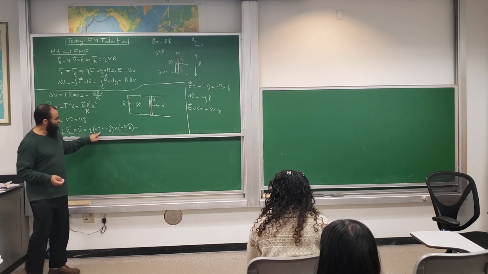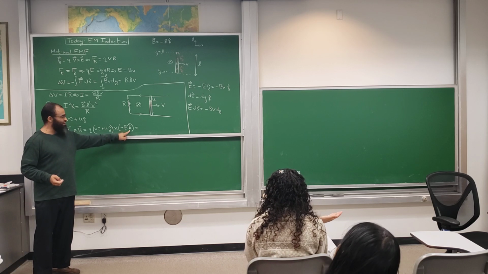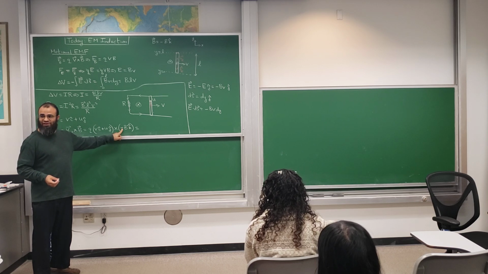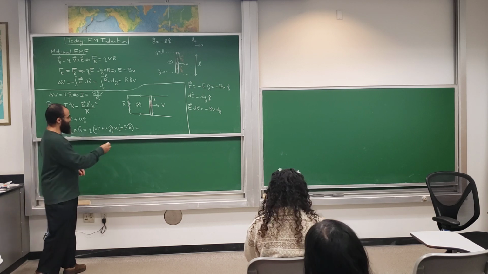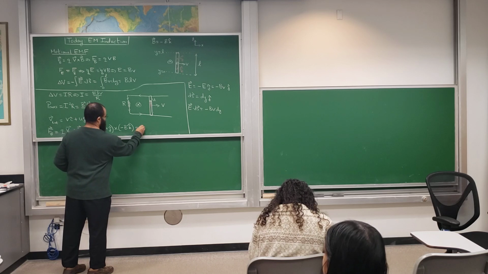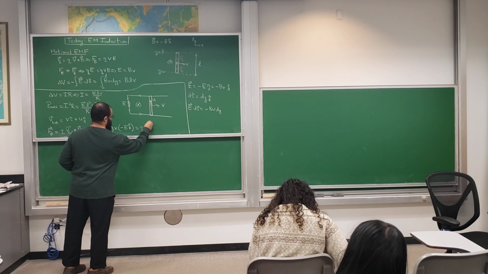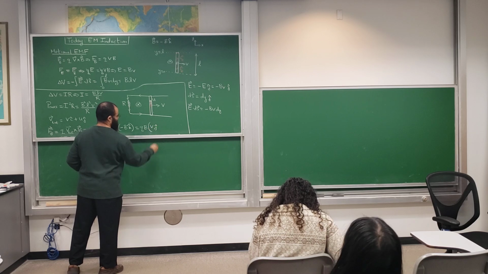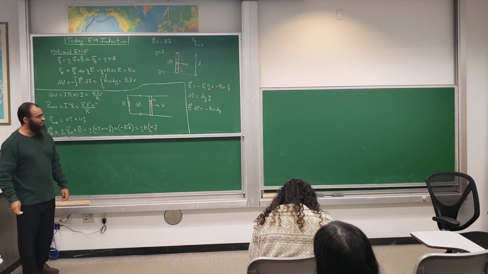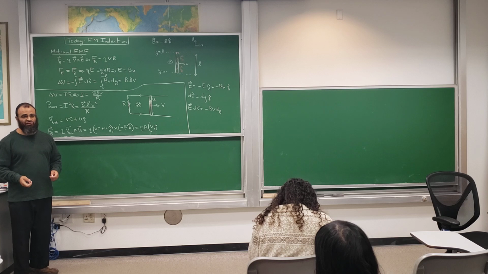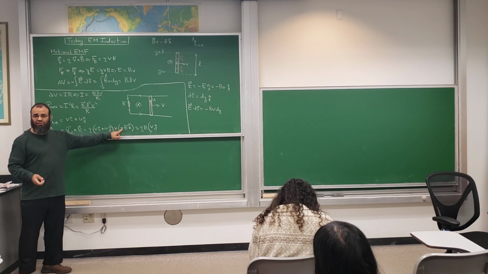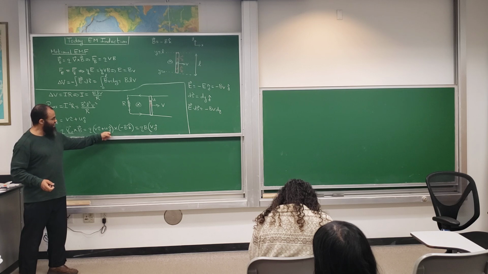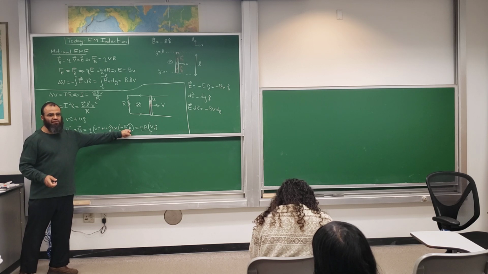I hat cross k hat is minus j hat, but there is a minus sign, so it becomes positive j hat. How about j hat cross k hat?